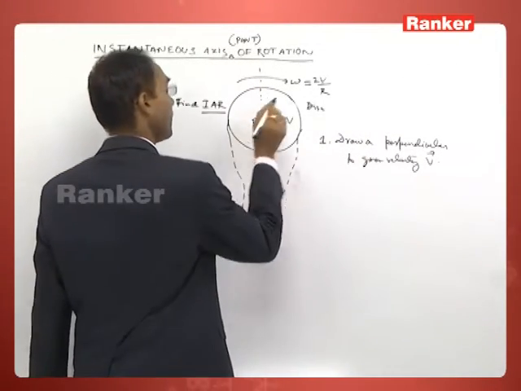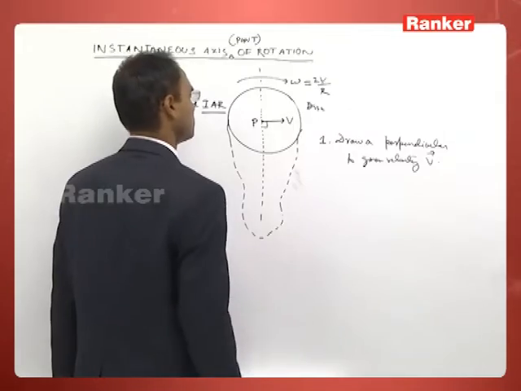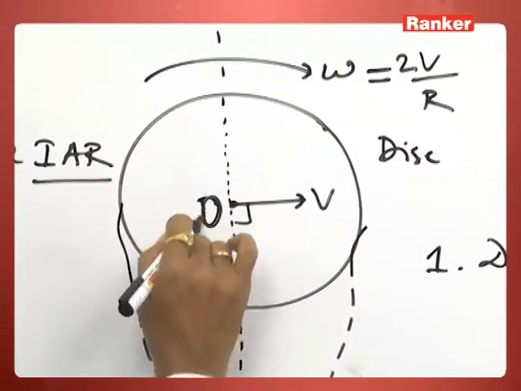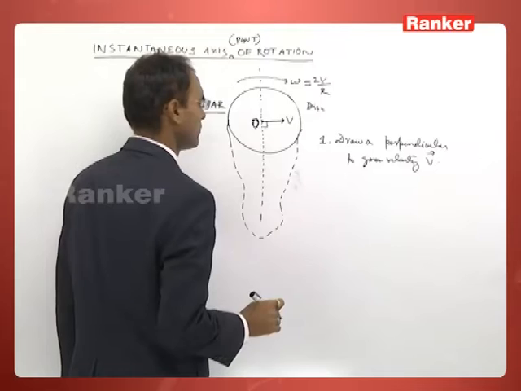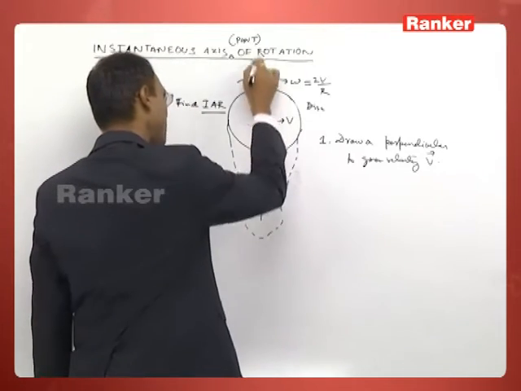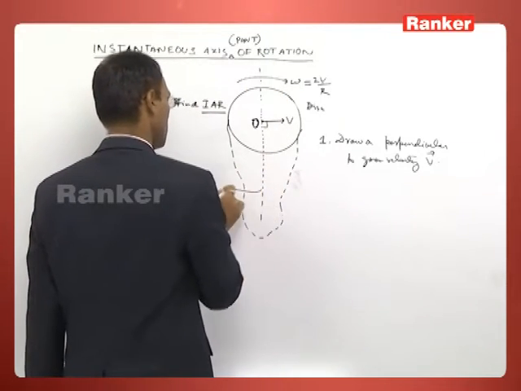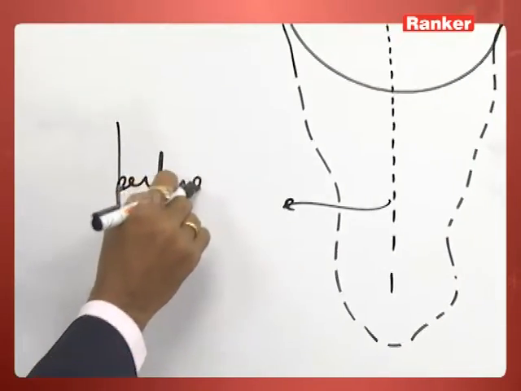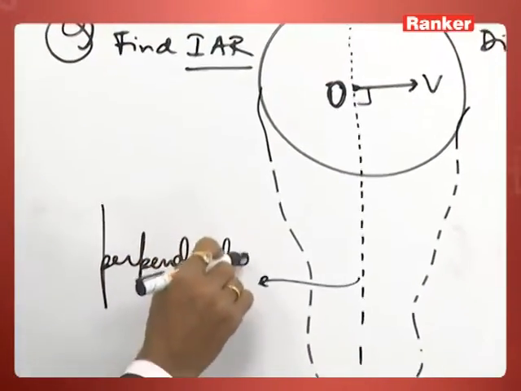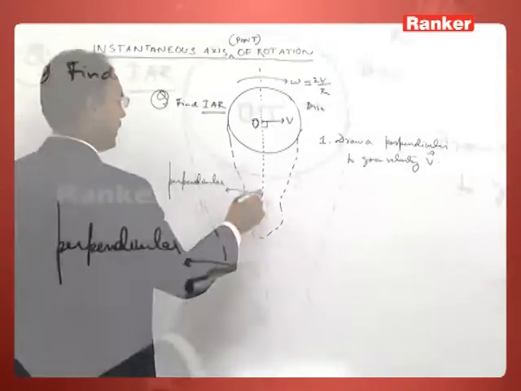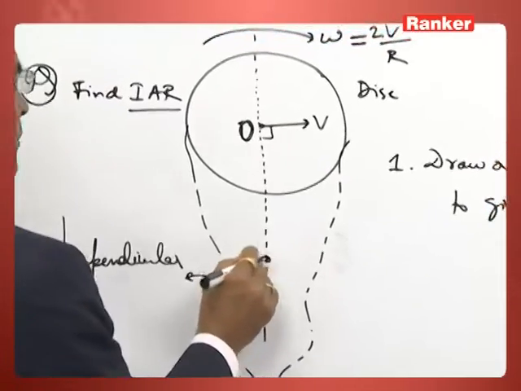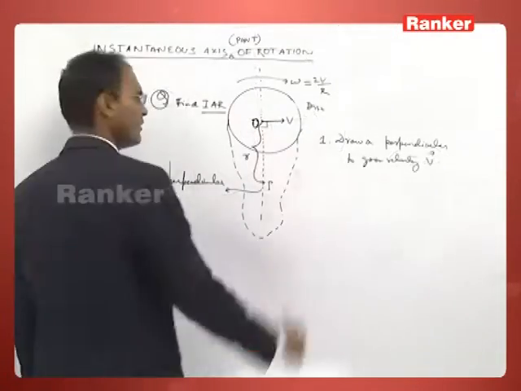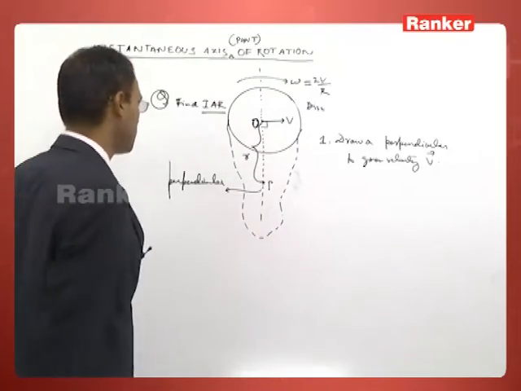This point velocity is given, or this point velocity is given. Draw a perpendicular and take a point P at a distance of r from the given point.